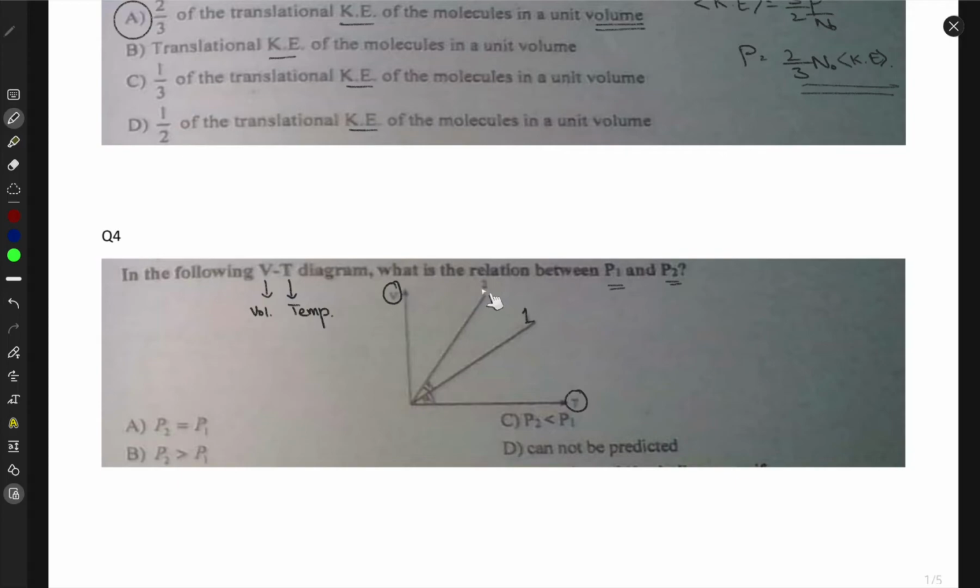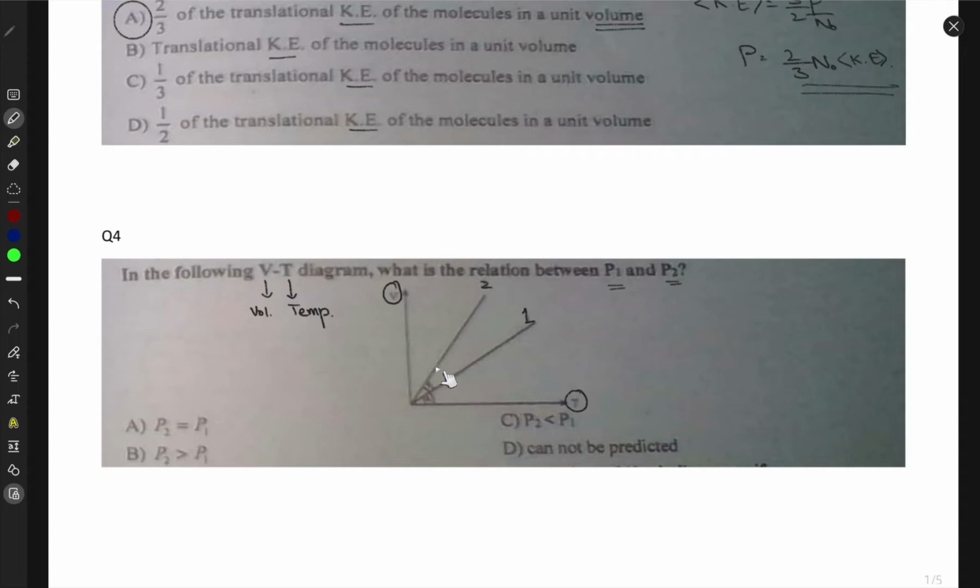This is line 1, this is line 2. Line 1 is closer towards the T-axis while line 2 is closer towards the V-axis. So line 1 has an angle which is smaller compared to the angle of the second line.